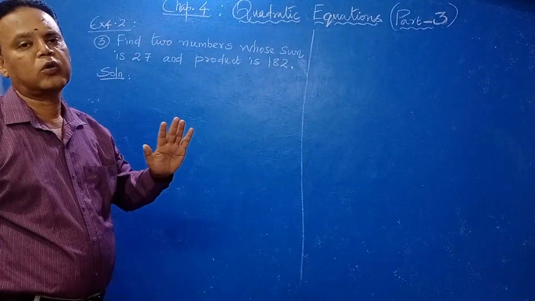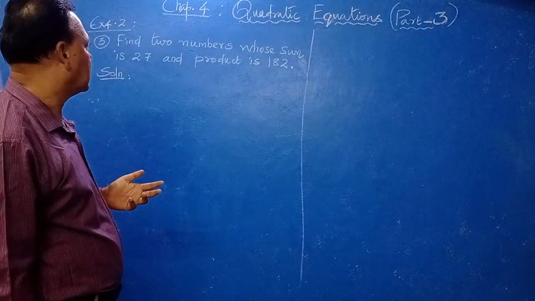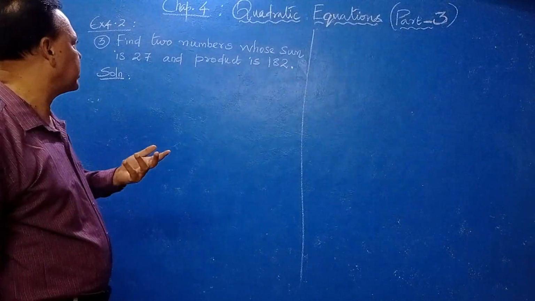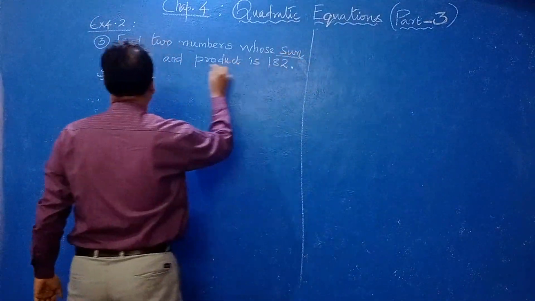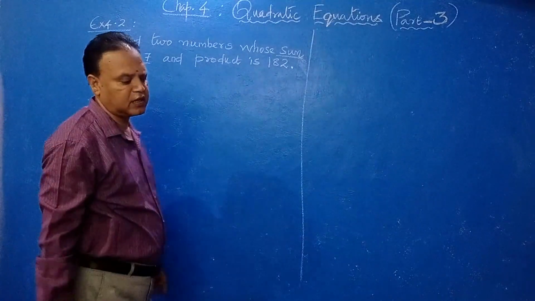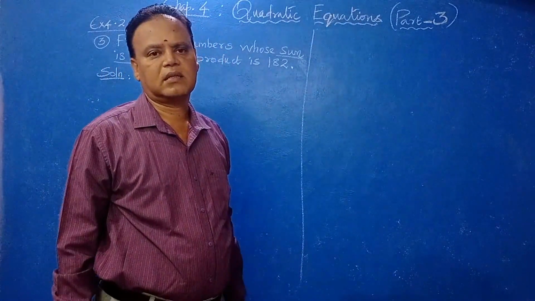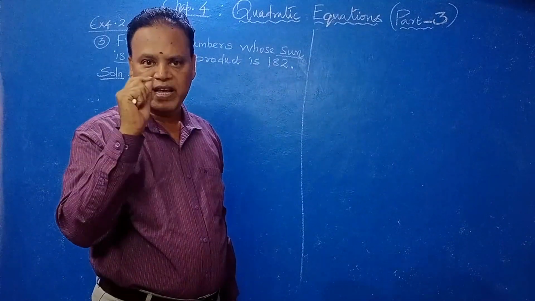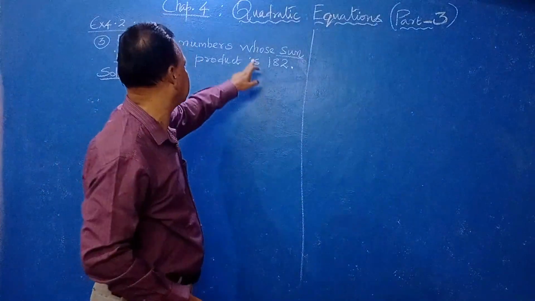Actually, you don't know the numbers. Here, two numbers you have to take whose sum is given. Use this condition. Whose sum is 27. That means one number you take x, that is unknown. One number is x means automatically the other number will be 27 minus x.